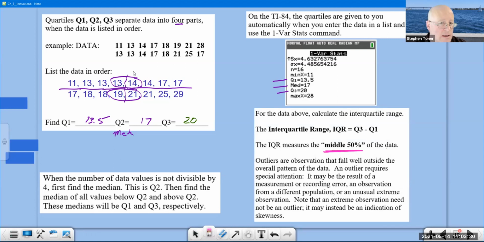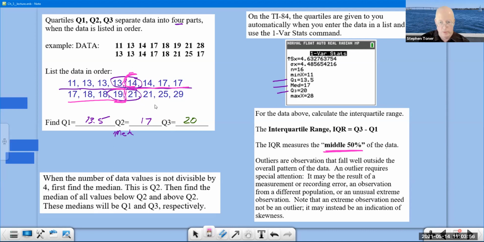If I'm looking at this data set, the middle 50% basically runs from 14 through 19 in this data set. We have 16 values. Half of the values are 8. 8 is 50% of 16. The middle 8 are what I have highlighted up here in the picture in pink.